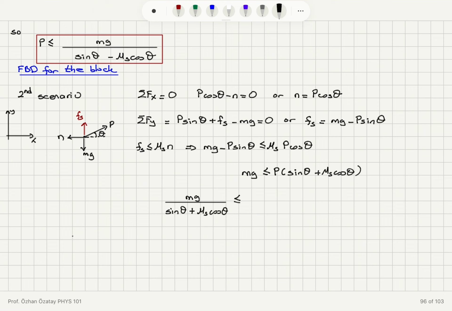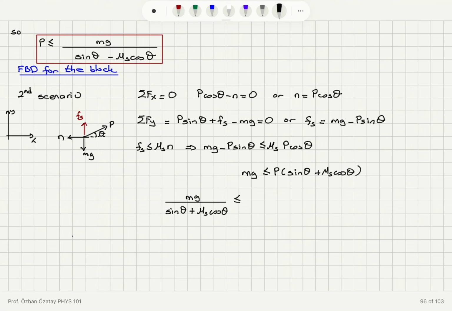So now I have considered two different scenarios. I can summarize my result. In summary, we can say that P is in a range.